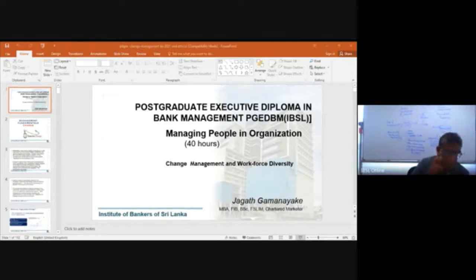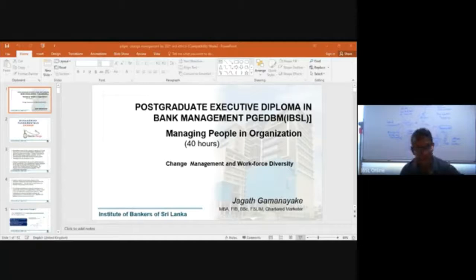Change will only be successful when the driving forces are stronger than the restraining forces. Therefore, as a manager, you need to strengthen the driving forces and weaken the restraining forces. That is the model explained by Kurt Lewin under force field analysis.